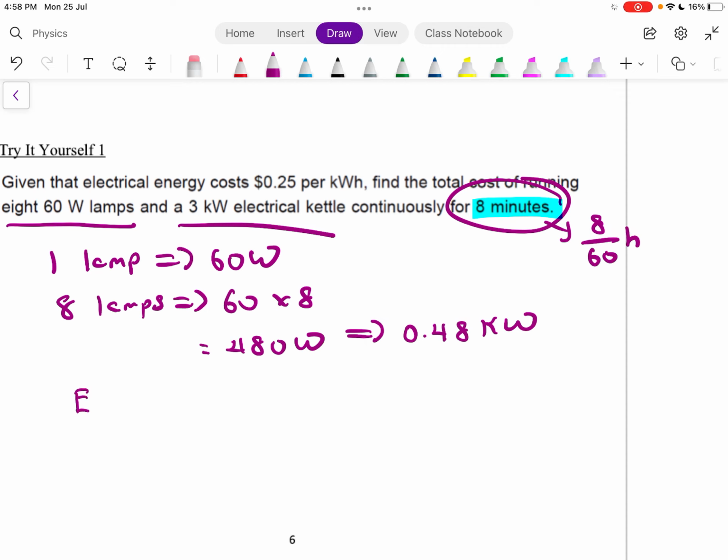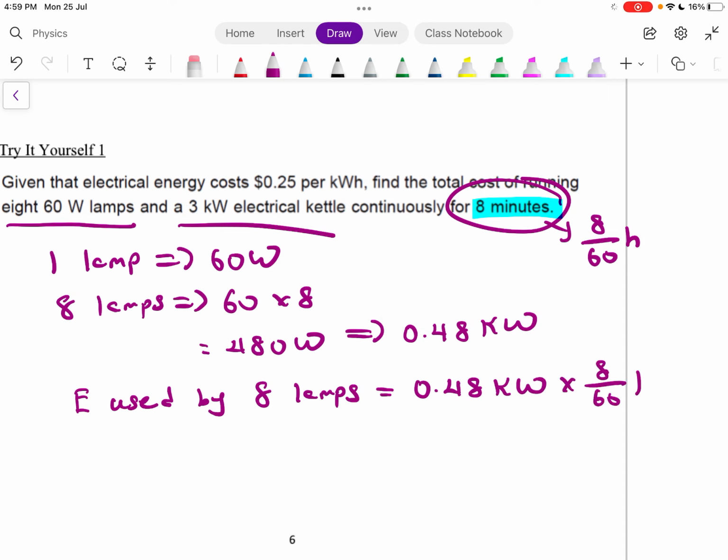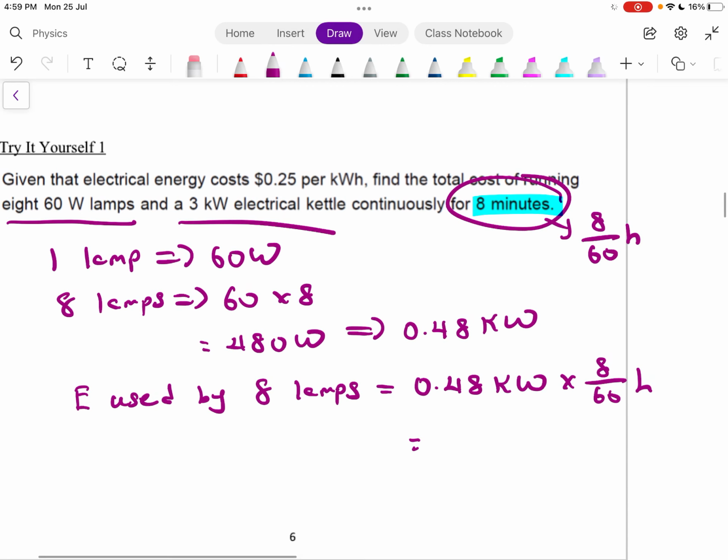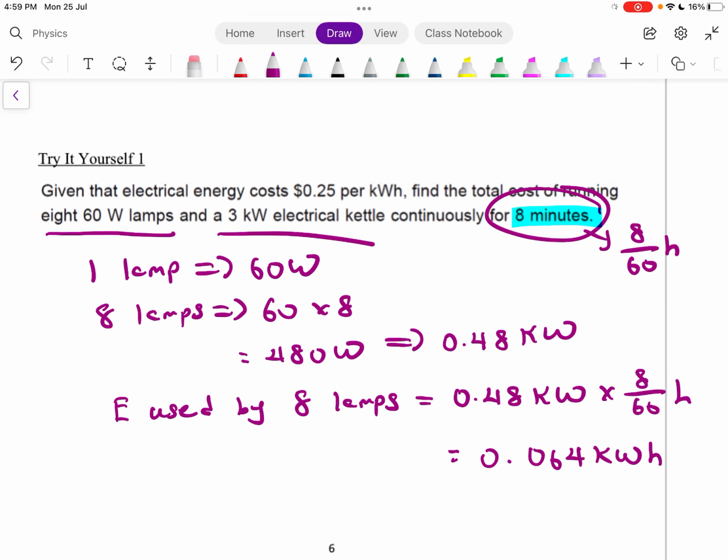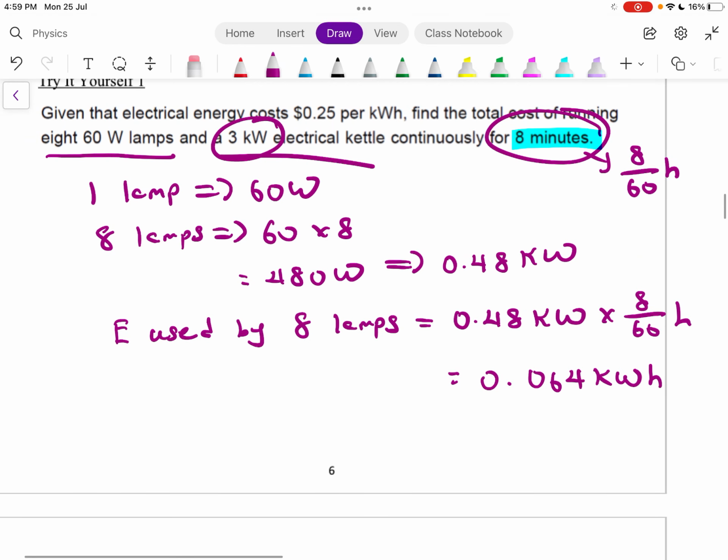So the energy used by 8 lamps is equal to 0.48 kW times 8 over 60 hours, which gives roughly 0.064 kWh. Next is the very high power electrical kettle, which is 3 kW, so I don't convert anything.